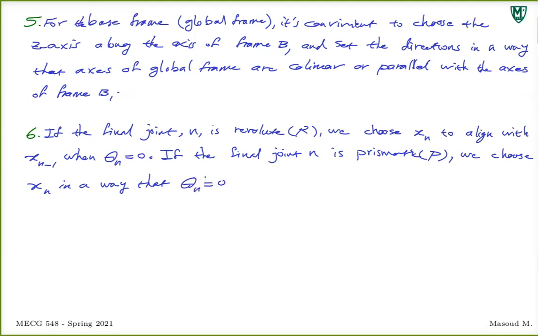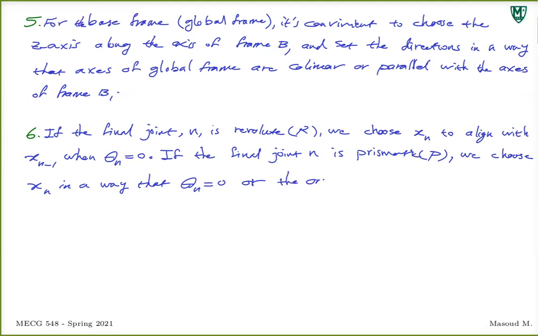Remember, we're trying to make as many parameters as possible zero. We want to have as many zeros as possible in our DH table, meaning zero-value parameters.